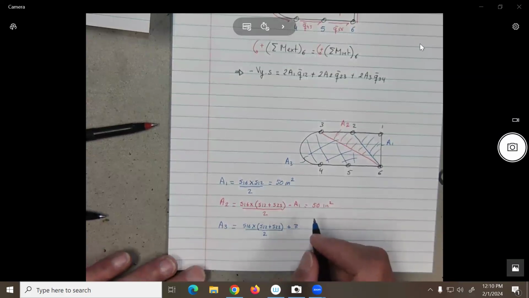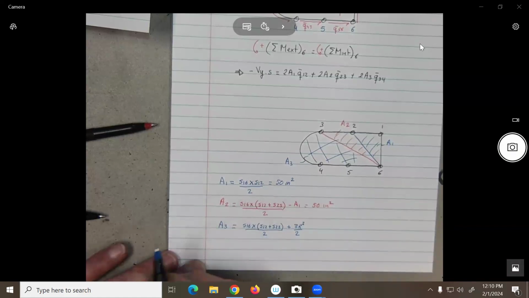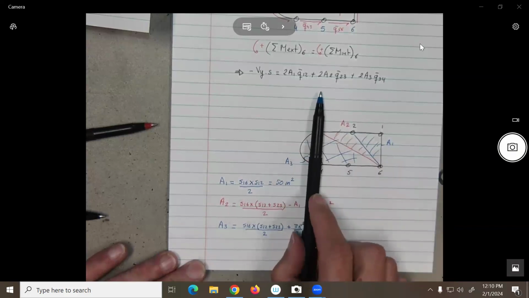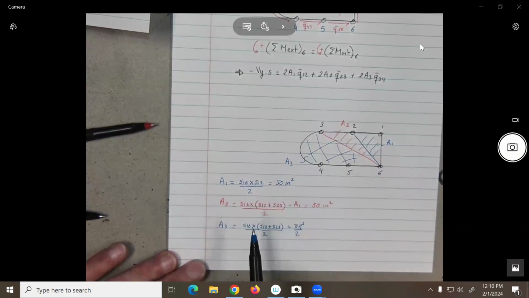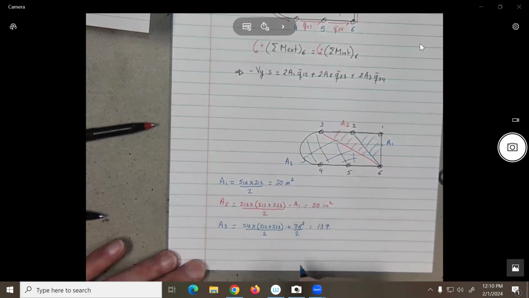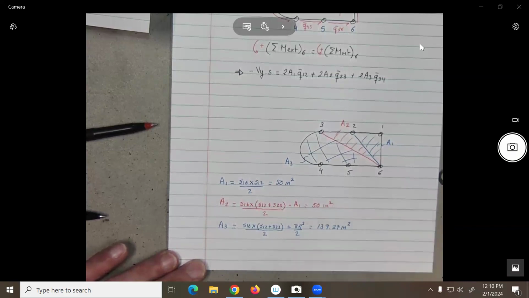I'm going to put, instead of putting the value, the expression pi r squared over 2, no? Half the circle. Plus half a circle, no? It's all this blue here plus half the circle, no? And this is your calculation gives you 139.27 inches squared.